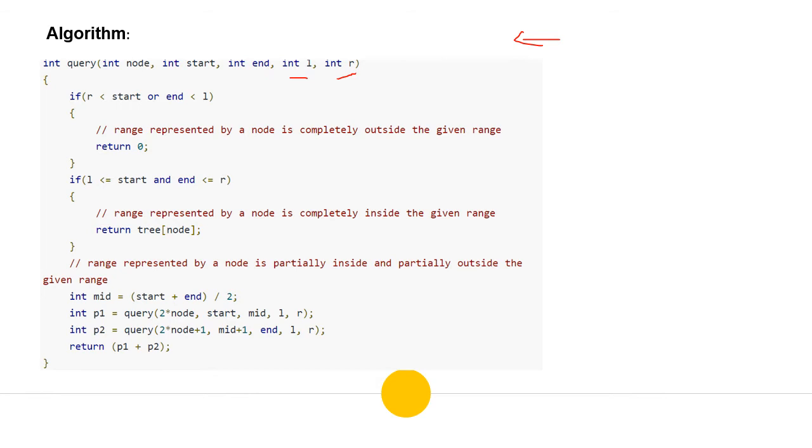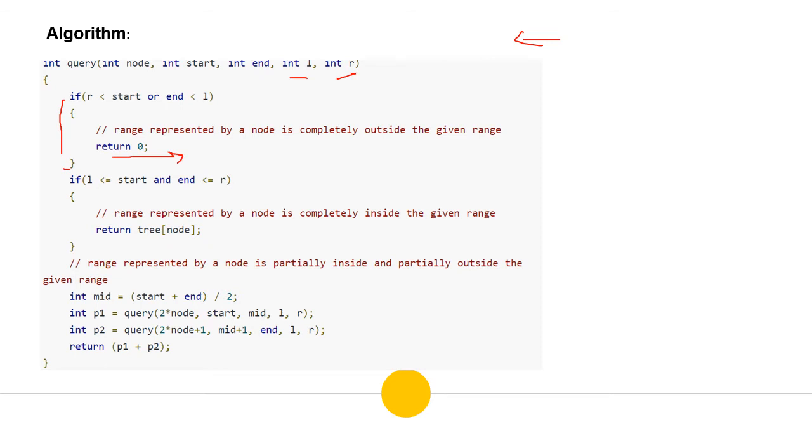Initially with this if condition, what we find is whether the given range is actually inside our leaf nodes. Suppose our leaf nodes have only 9 elements and the given range is till 11. That will be wrong. So we return 0 in that case.